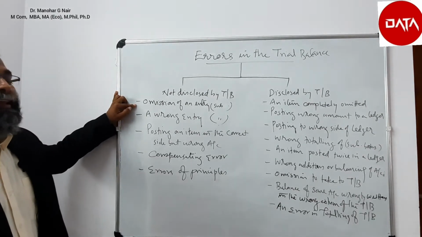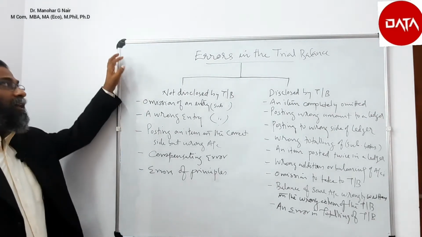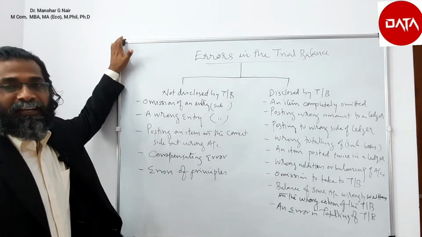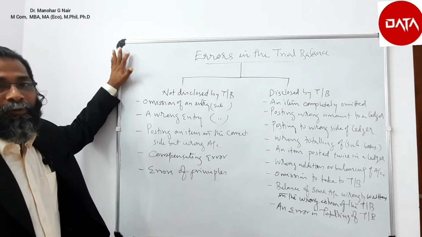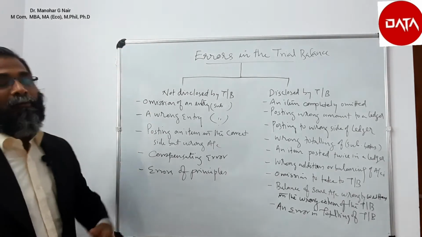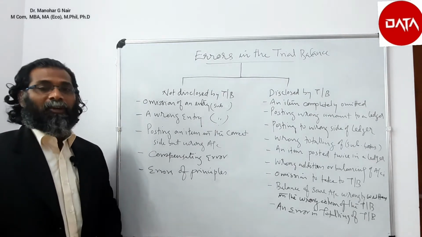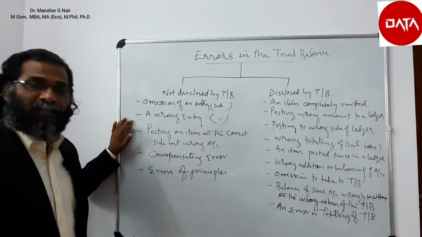1. Omission of an entry in the subsidiary book or in the journal. Suppose a transaction is completely omitted to be entered in the subsidiary books or in the journal, then we may not be able to trace it from the trial balance, because the trial balance will not show any disagreement, since it is completely omitted. Then, a wrong entry in the subsidiary book.